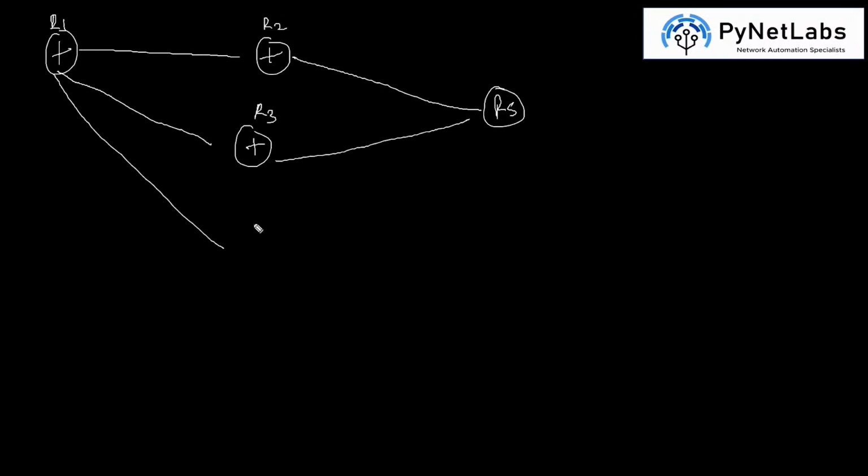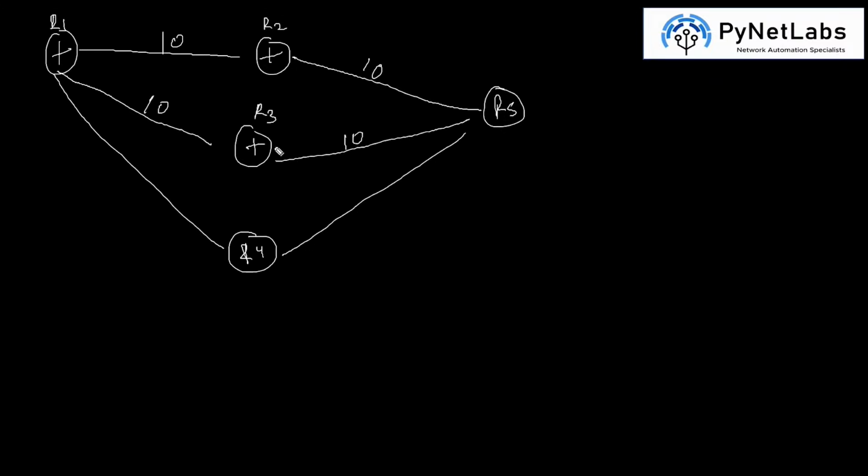Then we have R4 getting connected to R5. So the metric between R1 and R2, let's take them as 10 and 10, 10.